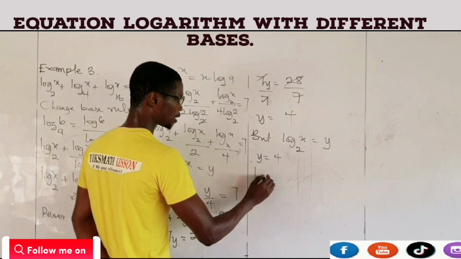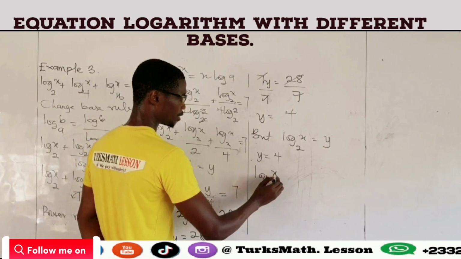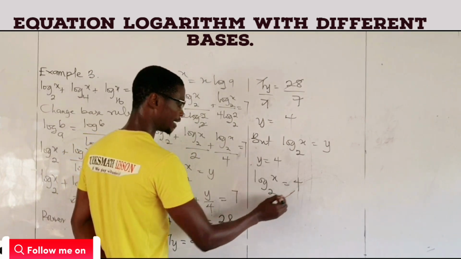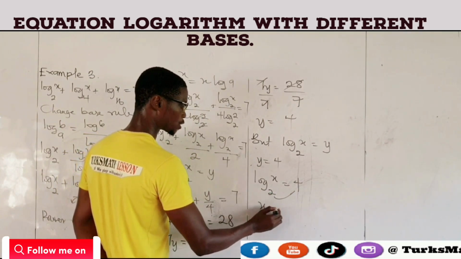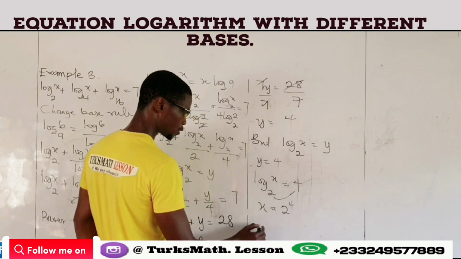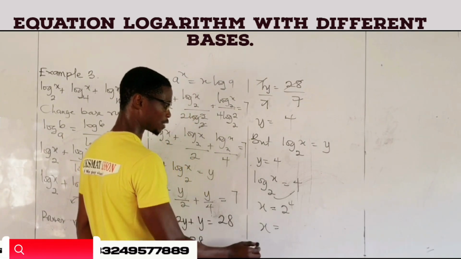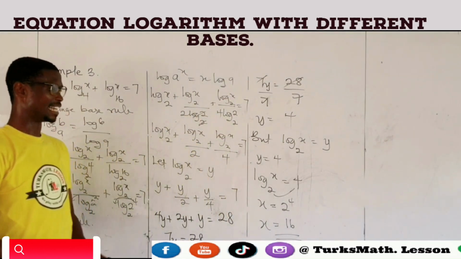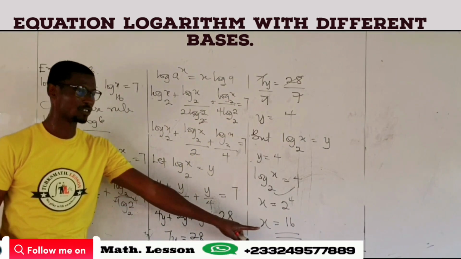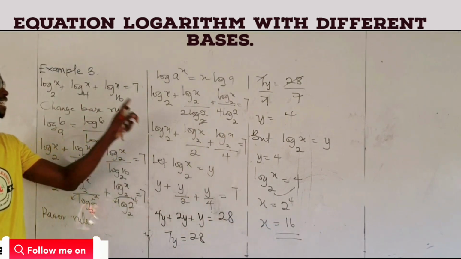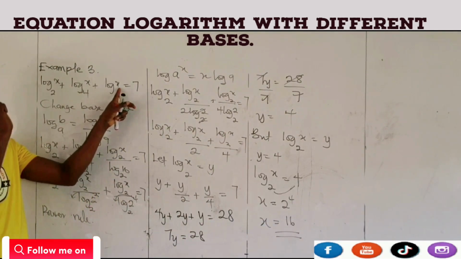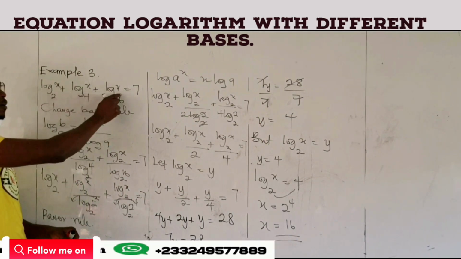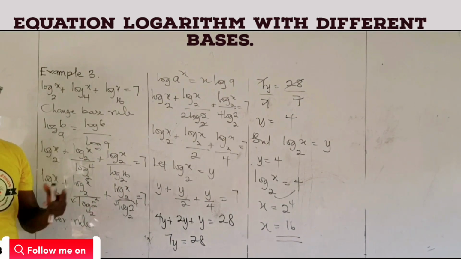So you have log x base 2 equals 4. To do this, I'm going to have x equals 2 exponent 4, which gives us 16. So our final answer here is 16. If you want to check, you place in 16 into any place that you see x, and when you put 16 here, you are going to get 7. Are you okay with that?